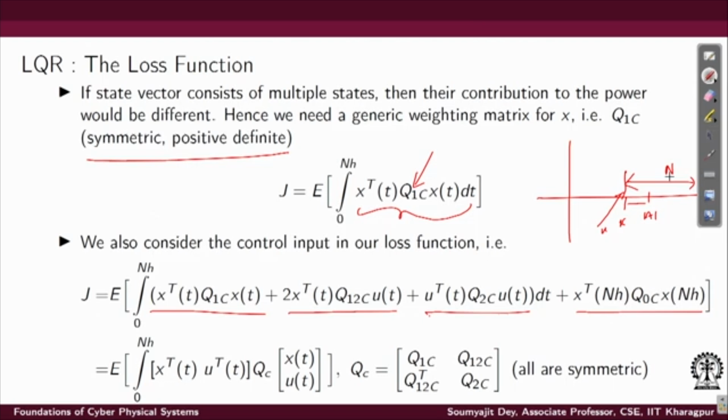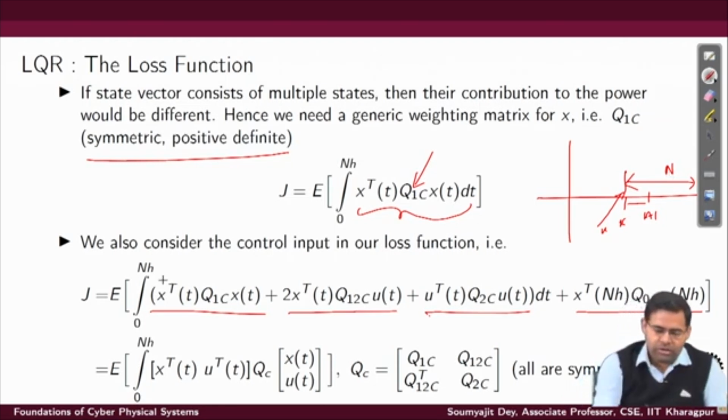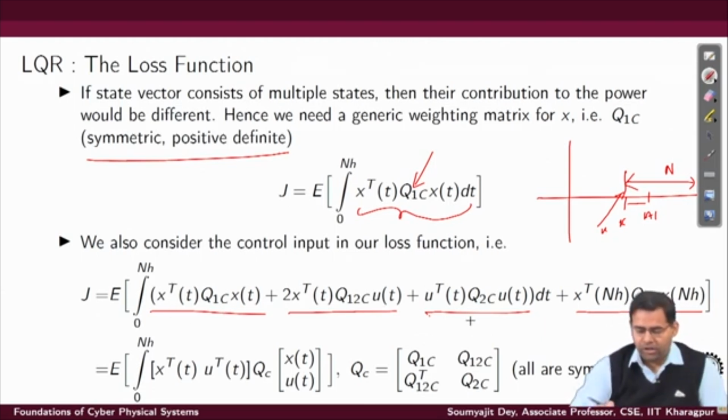The higher the value of n you choose, the larger the horizon over which you unfold the system, and then you are really able to calculate the effect of my current control input not only in the next time step, but the next to next, and even further time steps. Okay. So, based on that you choose a suitable horizon n for doing this integration, and you assume these quadratic terms which capture the interaction of x, u, and x and u together here. Okay.